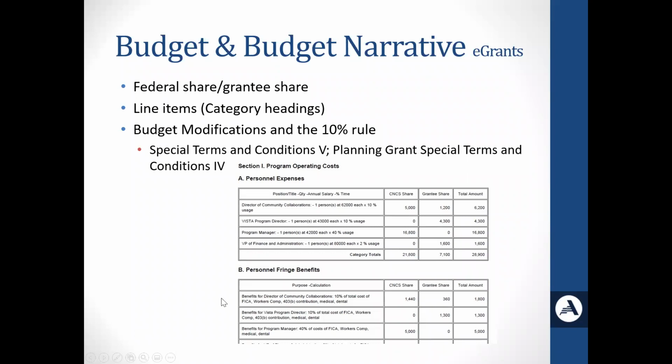So if you have an expense listed under that whole heading, you can deviate from your budget by up to 10% of your total budget, which is both federal share and grantee share. And you'll see that number appear in your PER workbook.